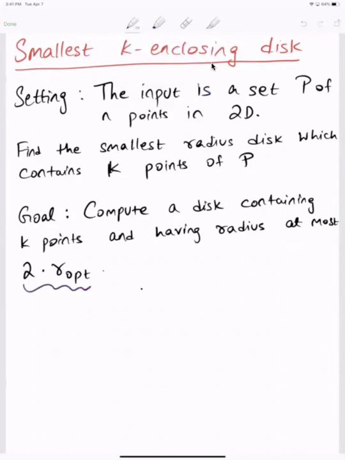Now the approximation is on the radius of the disk, right? So what is r opt? Let's define it. R opt is the smallest radius disk containing k points.